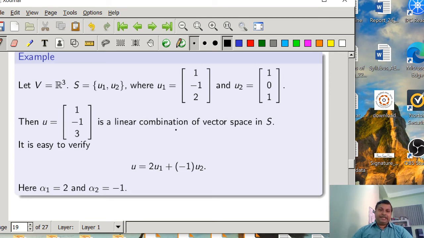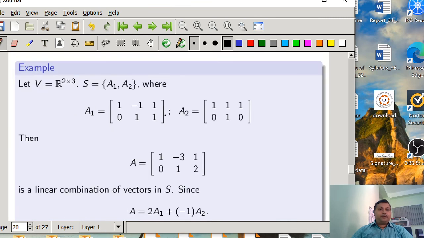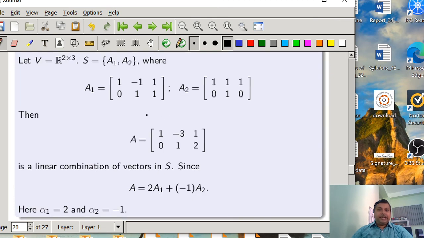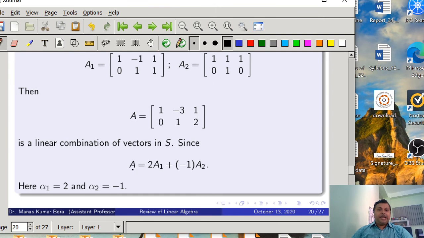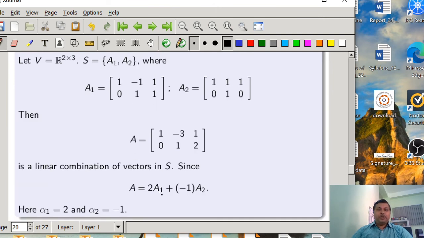In a similar way, if we choose a vector space V of all matrices with dimension 2 by 3, and we construct a set S with the choice of A1 and A2, as given here, then for any vector A we have chosen like this, it can be shown that A can be expressed as 2 into A1 plus minus 1 into A2.